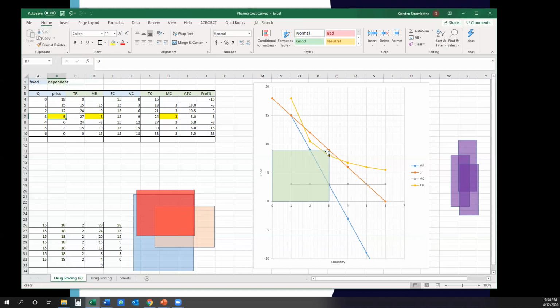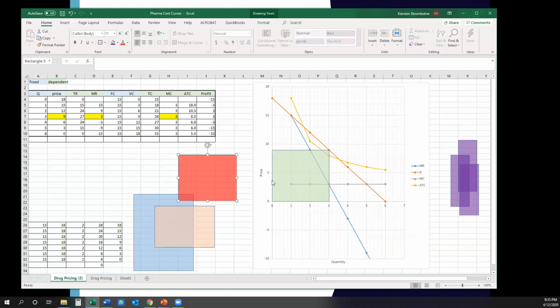So the revenue, the total revenue for this firm is going to be equal to the quantity, so 3, times the price, and the total cost is not going to be where marginal cost is. It's actually going to be all the way up to average cost. So let me just, oh, it's already there.